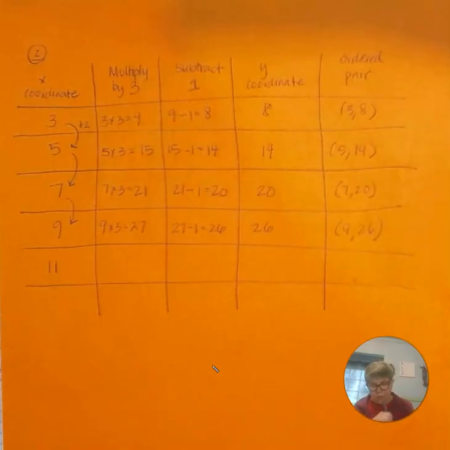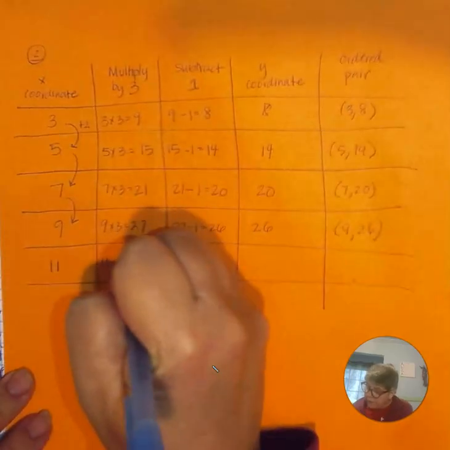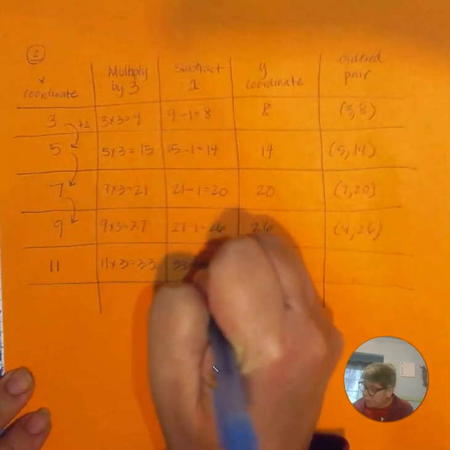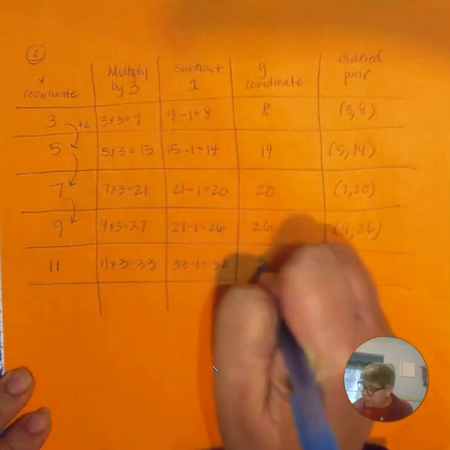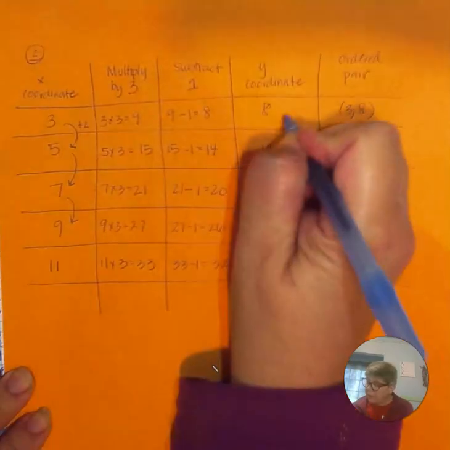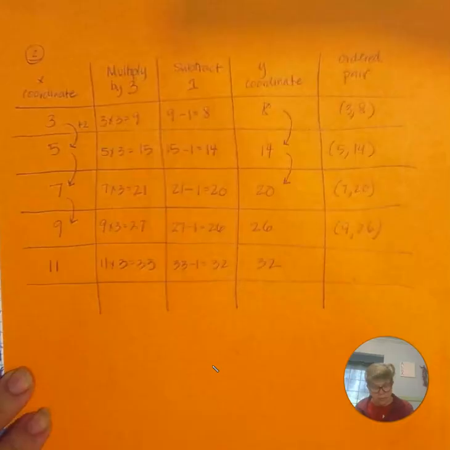What would be our next y-coordinate? 11 times 3 is 33. 33 minus 1 is 32. 32. Is there another way to find it out besides doing our mixed operation? Could we look y-coordinate to y-coordinate the same way we can do our x-coordinates?